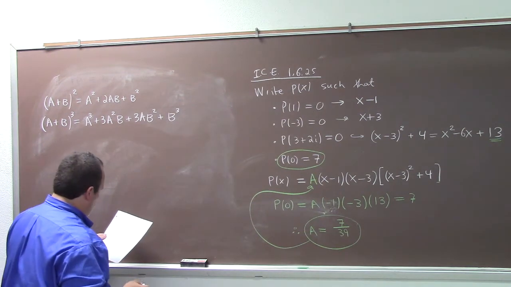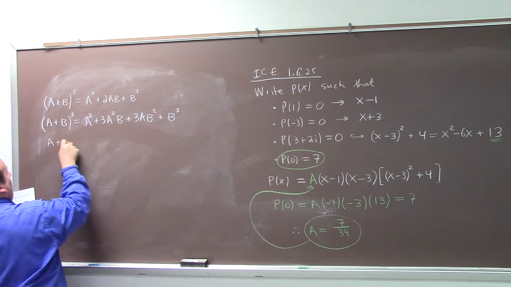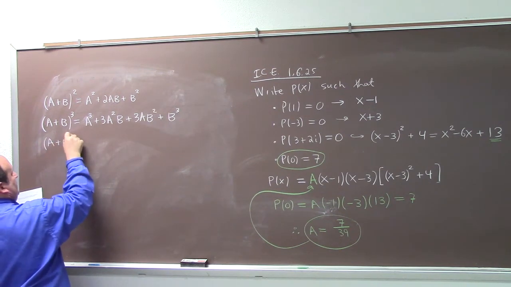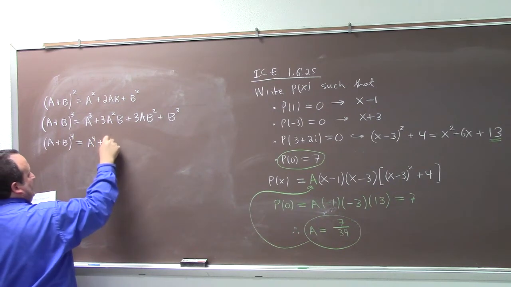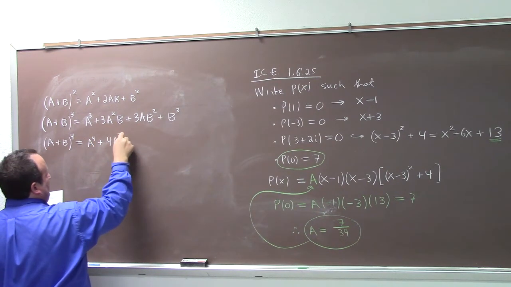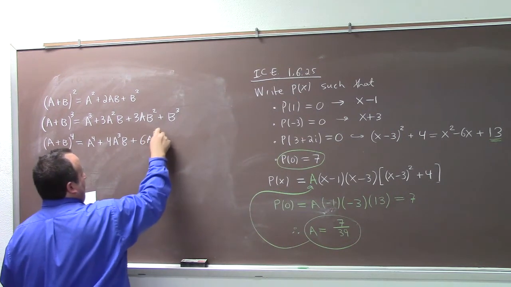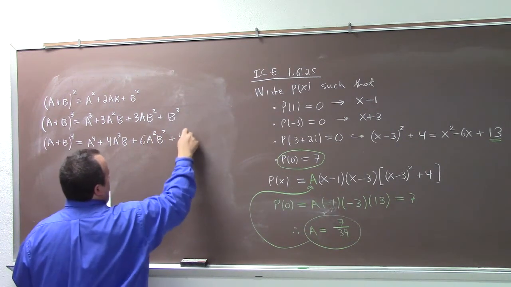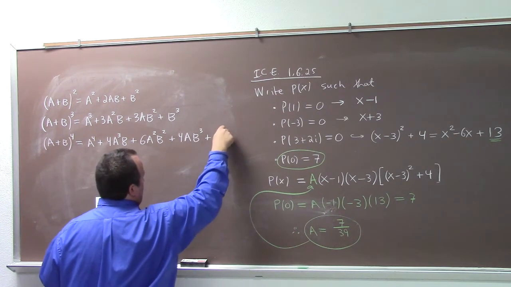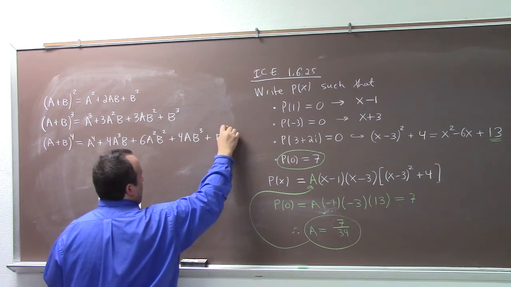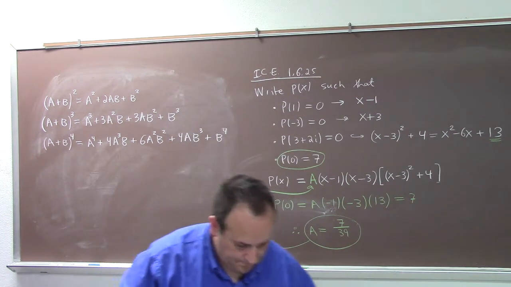All right? A plus b to the fourth is a to the fourth plus 4a cubed b plus 6a squared b squared plus 4ab cubed plus b to the fourth. These are special forms, right?